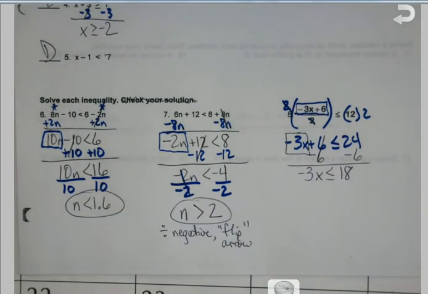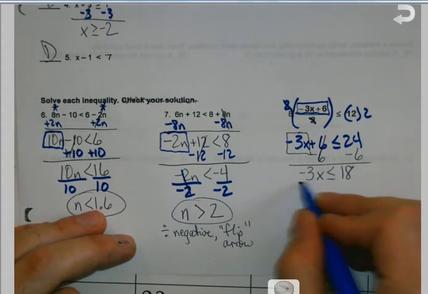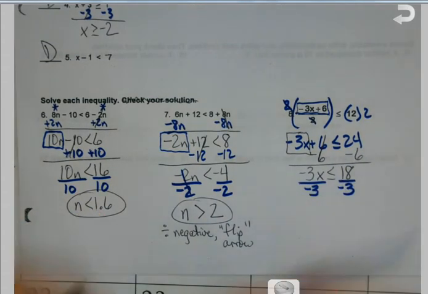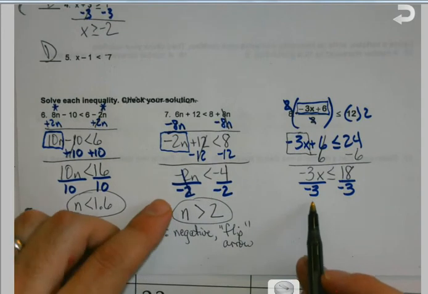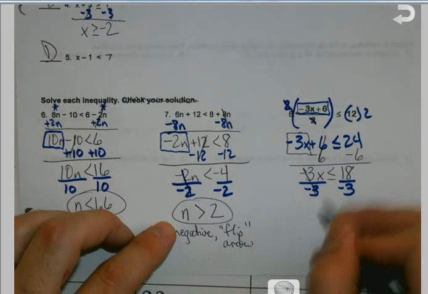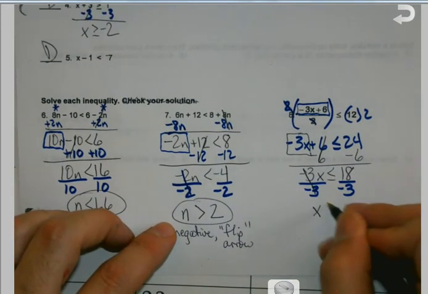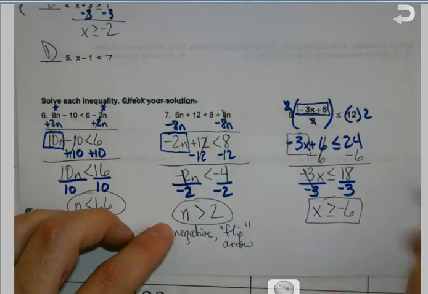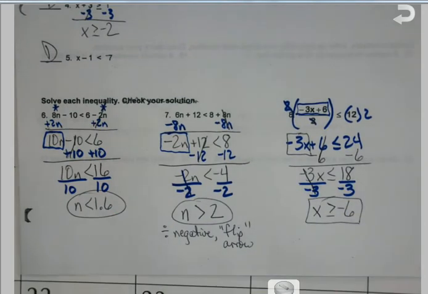Oh, here comes the negative again. Divide by negative 3. And what's the other thing I got to remember to do here? Yeah, just like here. And I flipped my arrow the other way. So really the only difference between these and the multi-step equations we've done is occasionally I've got some messing to do with my arrow. But otherwise, it's not going to really be that big of a deal.